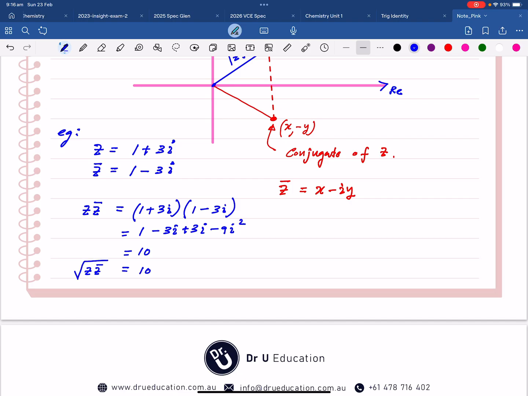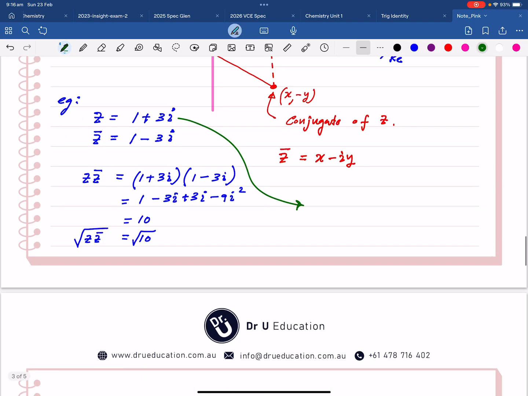What if you try to get the square root of this one? That's obviously square root of 10. Why is this important? Get this one, and then z is 1 plus 3i. Tell me what is the mod of z here? Square root of 1 squared plus 3 squared, right? It's going to be square root of 1 plus 9.